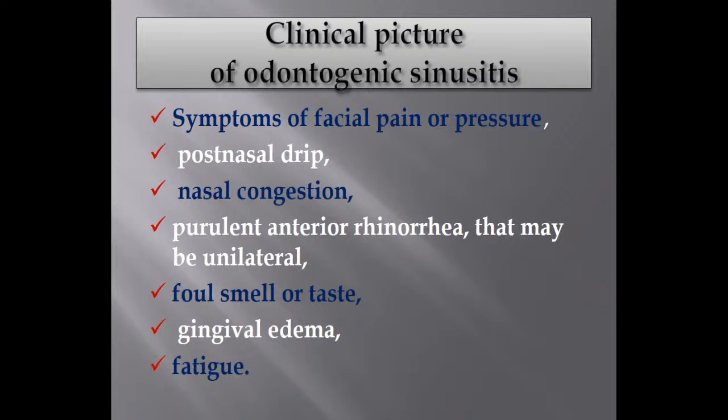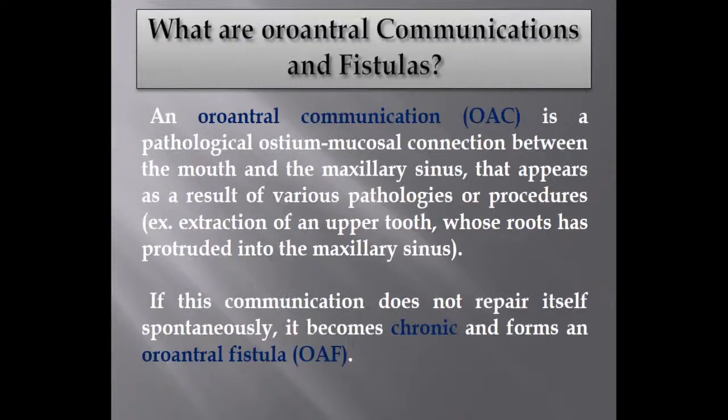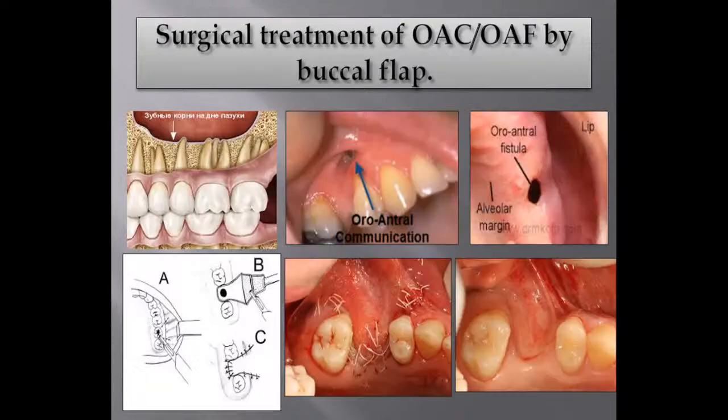About the clinical picture I said, and you can see the symptoms on the slide. And here we have a slide about the differences between oral antral communications and fistulas, and I hope you understand it. And here you can see different anatomical positions of the root of the upper tooth.